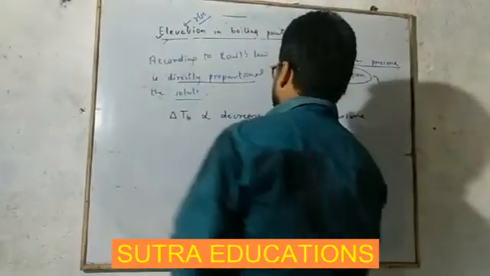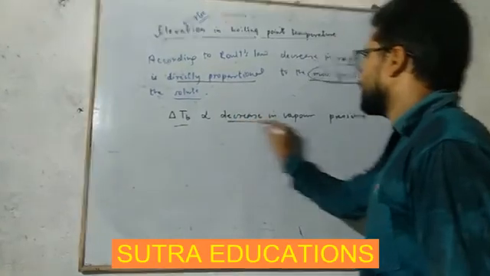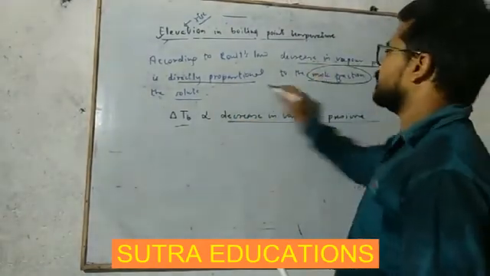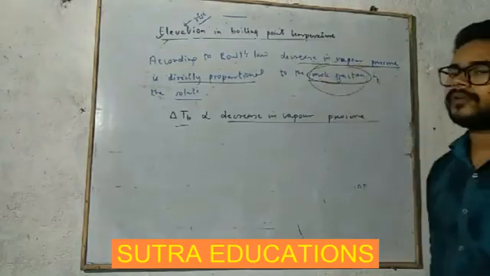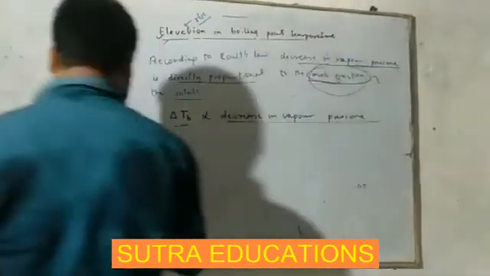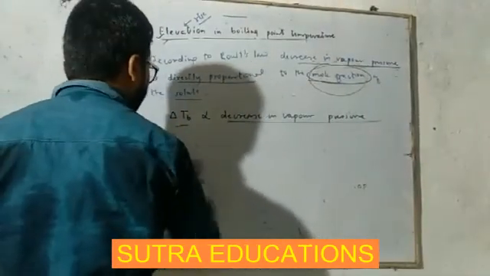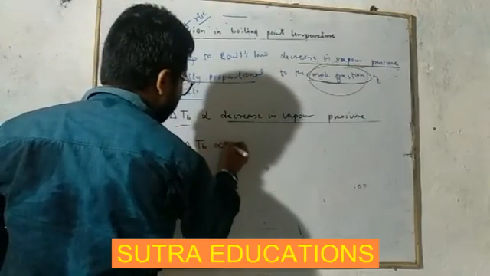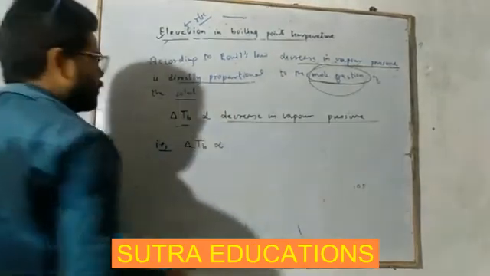So if delta Tb is directly proportional to decrease in vapor pressure, and this decrease in vapor pressure is directly proportional to the mole fraction, we can say that this delta Tb is directly proportional to the mole fraction of the solute.